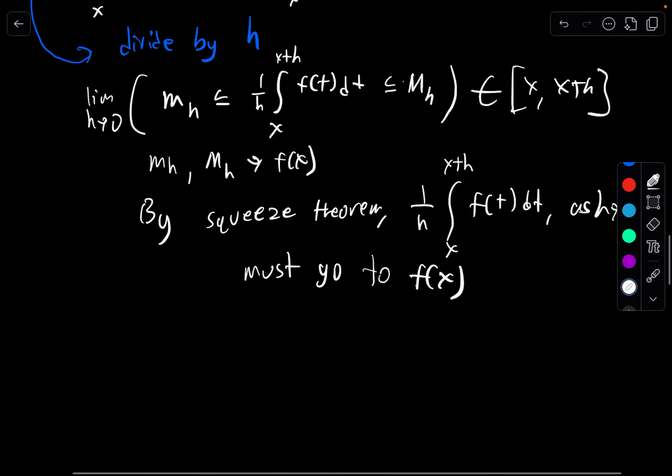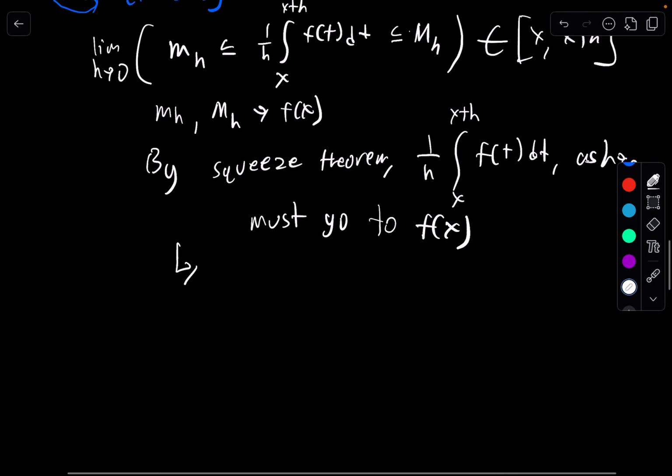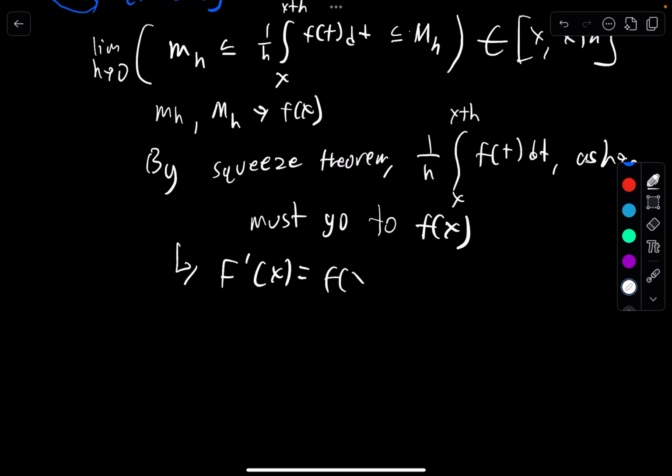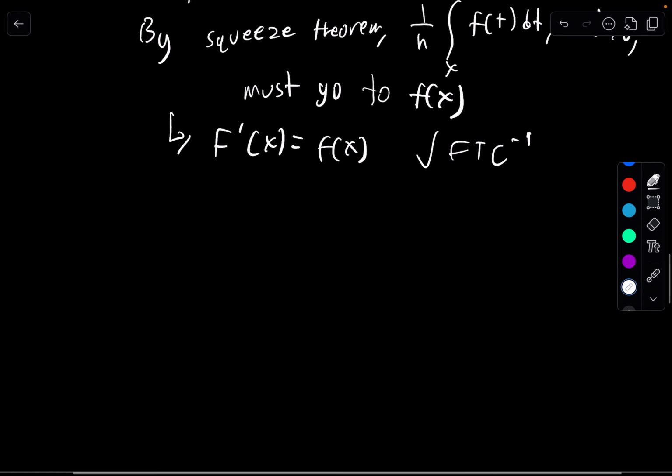And there we have it. We have just proven that cap F prime is equal to f. Okay, so this is the proof of FTC inverse. But we are here to prove FTC, so let's get back on track.